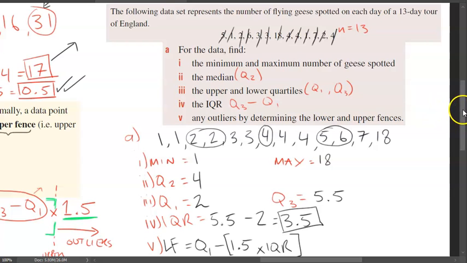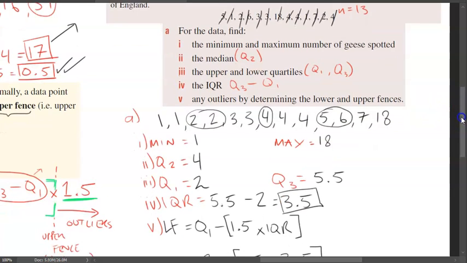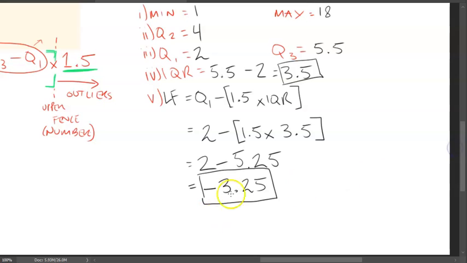You can't have a negative amount of geese. And the fact that it's negative, don't be startled by this, okay? We're just playing it safe to say, hey, we've gone a bit further out. Anything lower than this is considered an outlier. So, nothing lower than the lower fence.